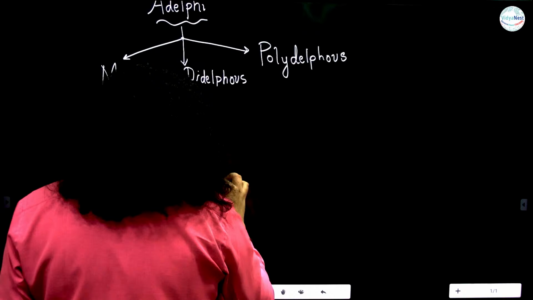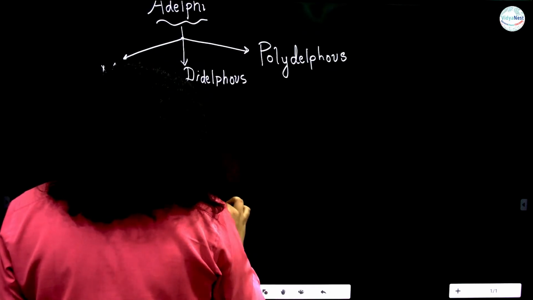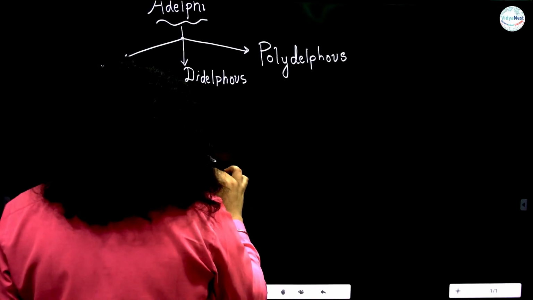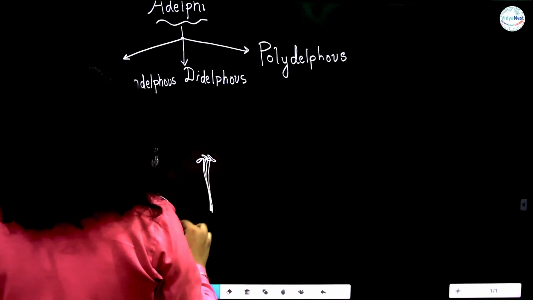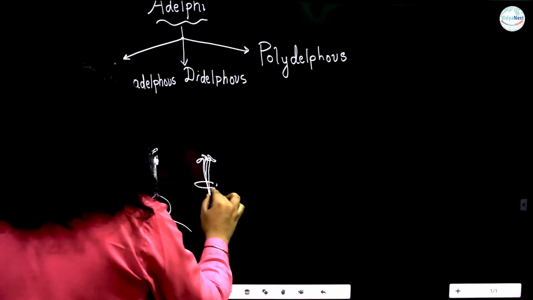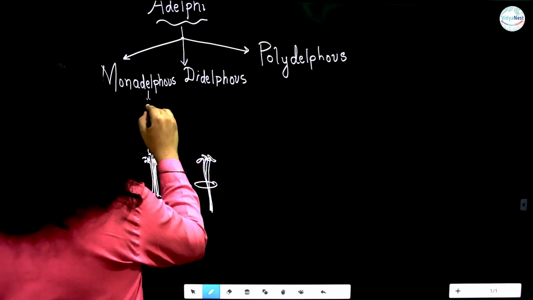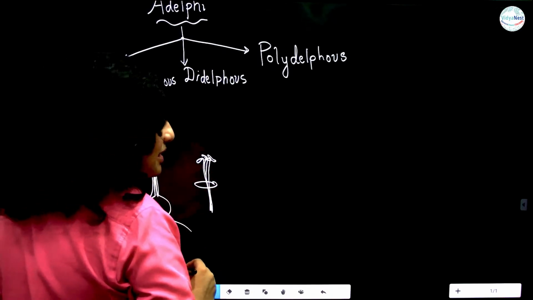That means their filaments are fused, while their anthers are free. If you consider that these are the anthers, these anthers are free, but the filaments are fused. They constitute a single bundle, and this type of thing is known as monadelphous adelphi.